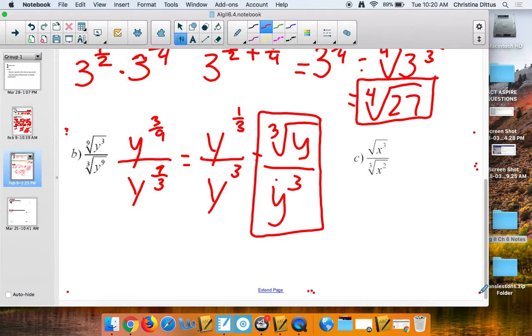Okay, last one. C, let's change our radical to an exponent. What would my exponent become on top? X to the third over what? 2. My index on the square root is 2. And my denominator, what do I get? X to the 2/3. Good.